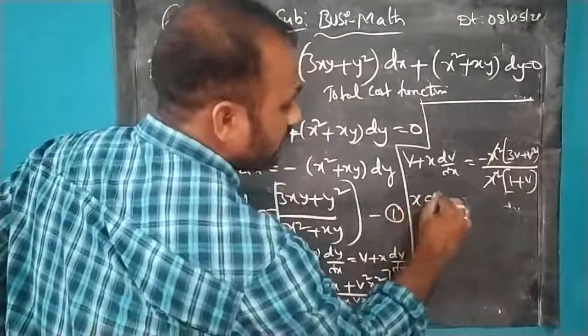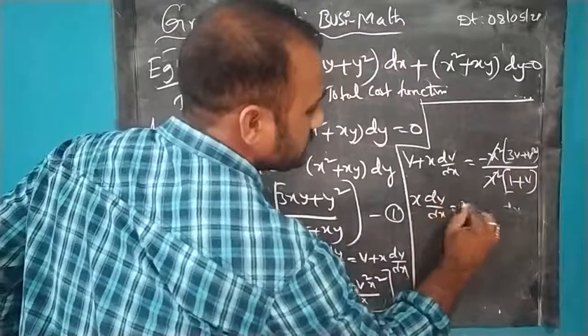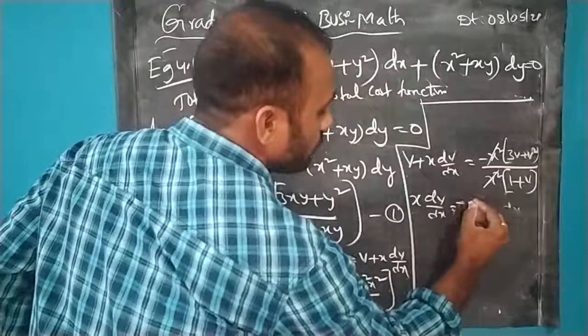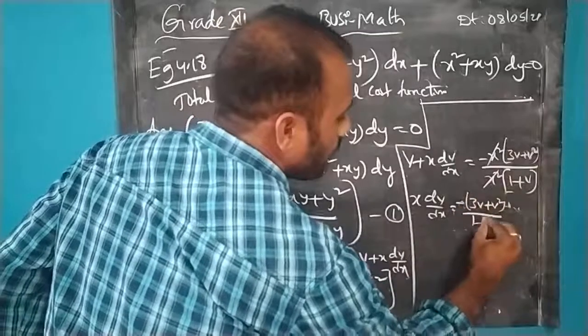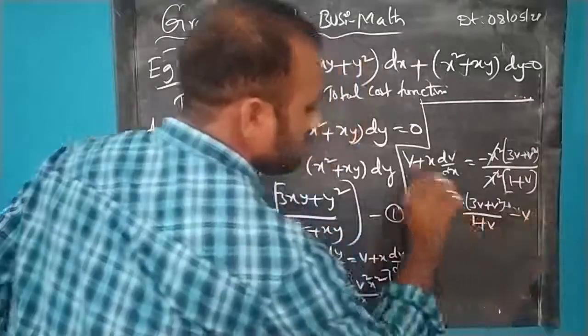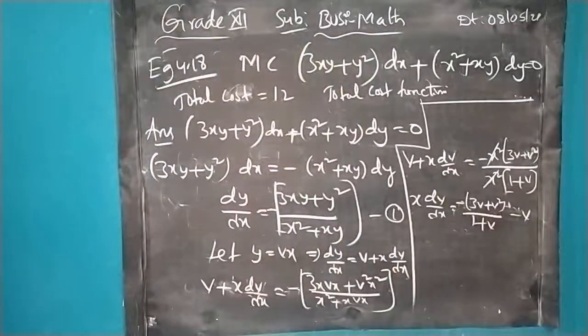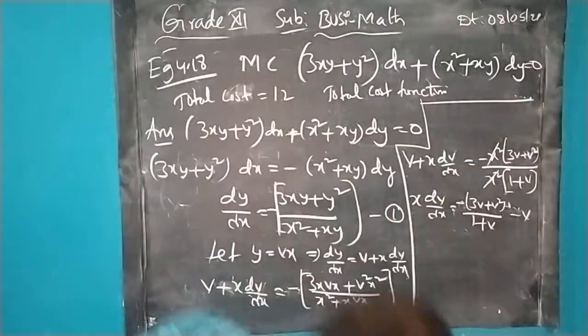So we are left with x dv by dx is equal to minus of (3v plus v square) by (1 plus v) minus v. Plus v, if I am transposing, it will become minus v. Let me do the next step.